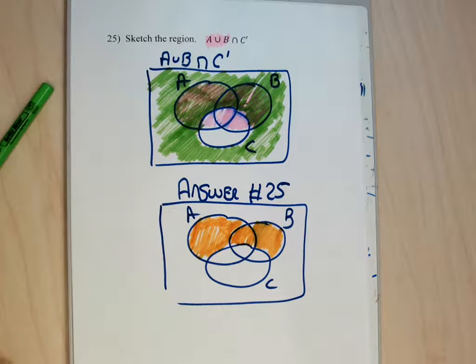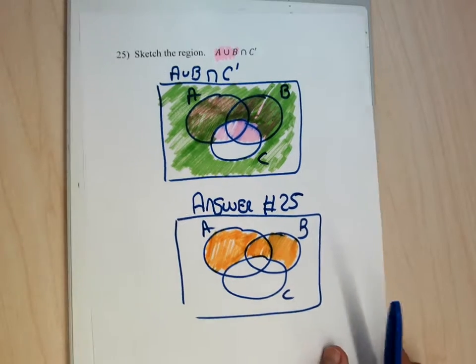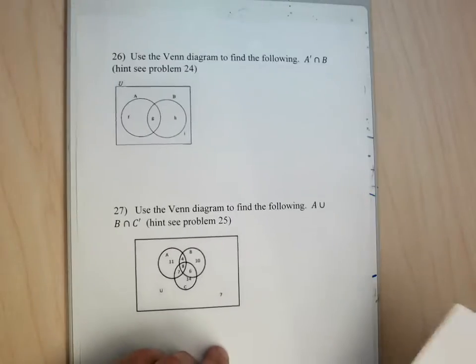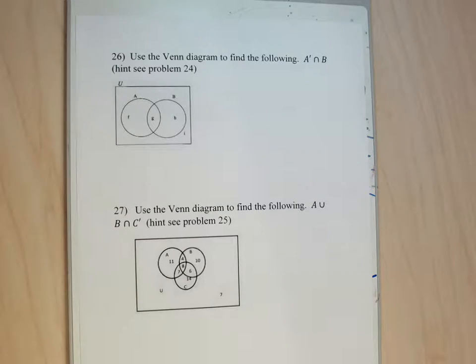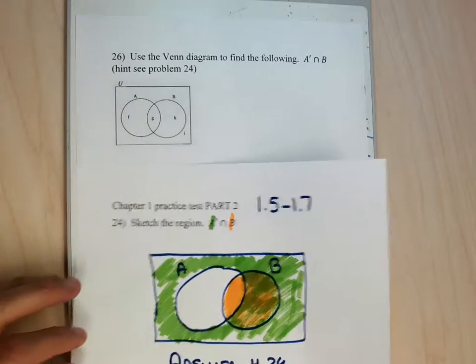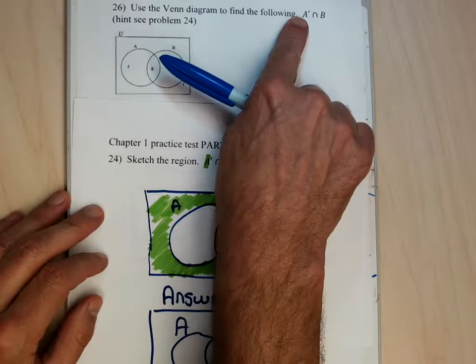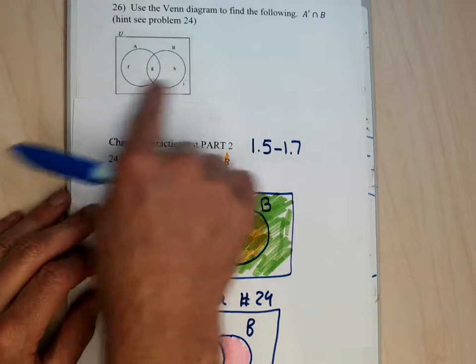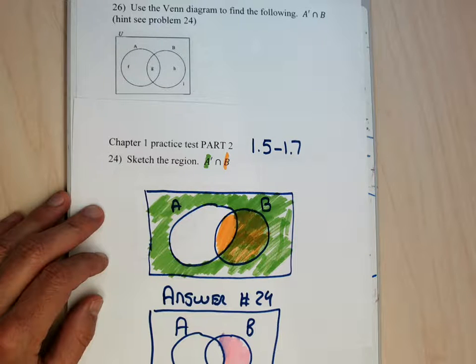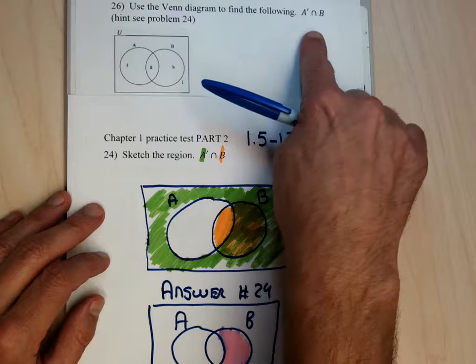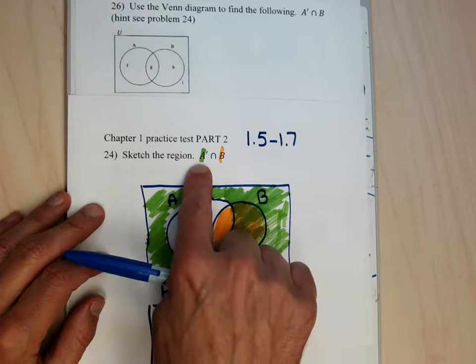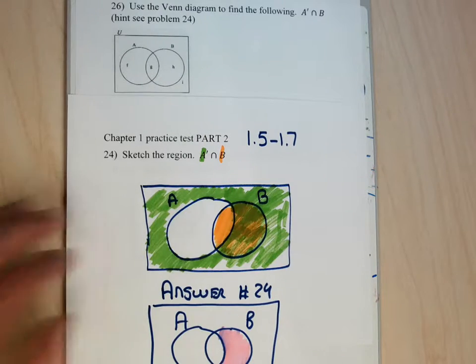The nice thing on the test, as it's going to be the nice thing here, is that the next 2 problems relate to the 2 problems that I've just done. So problem 26 asked me to find, for this graph, the elements that are in the region defined by A complement intersection B. Well, I know that A complement intersection B is this region right here.